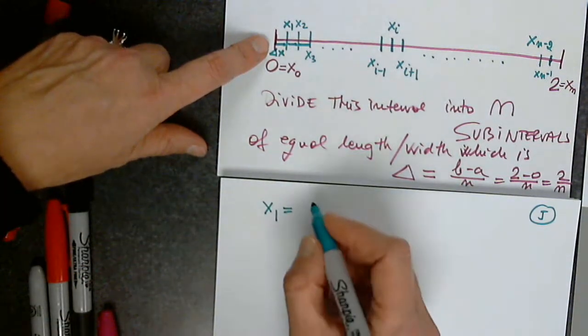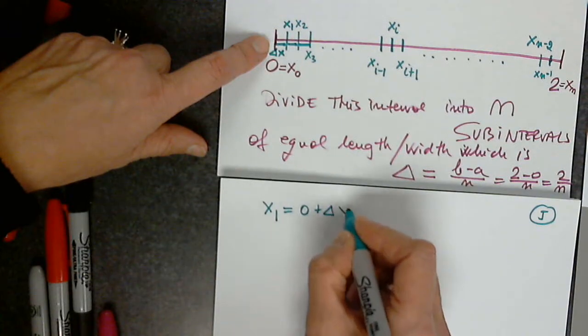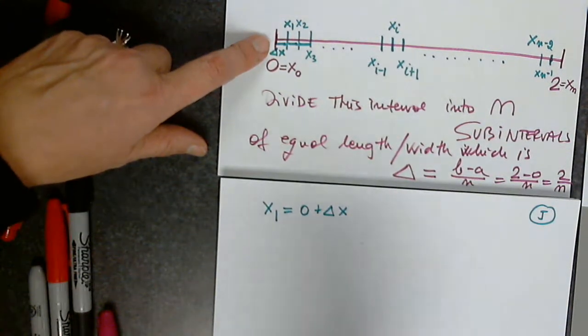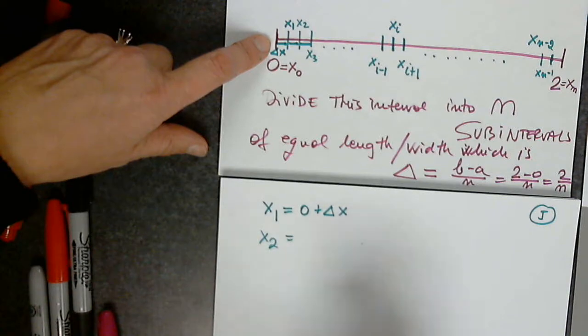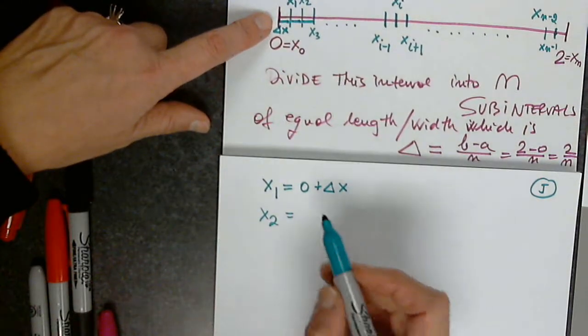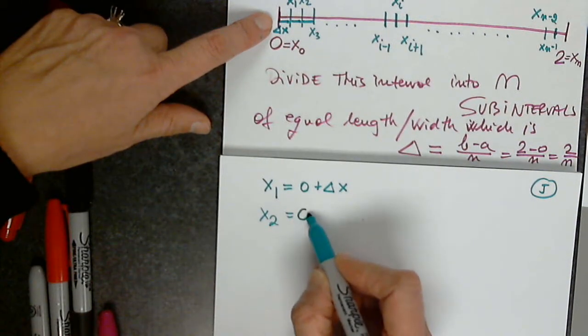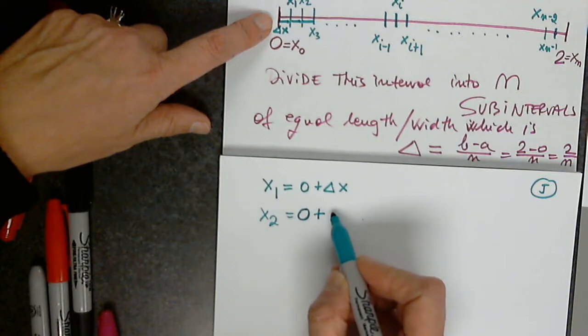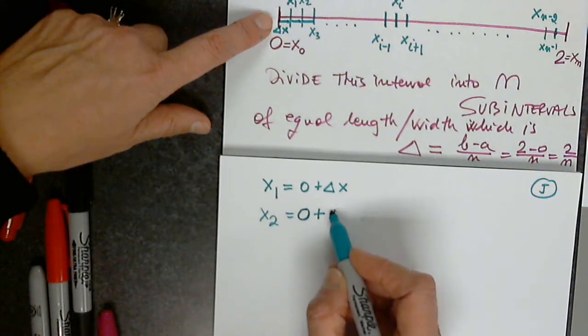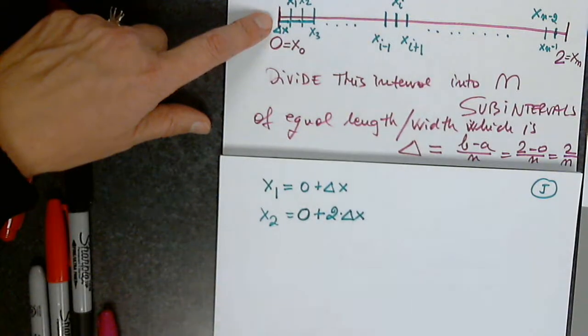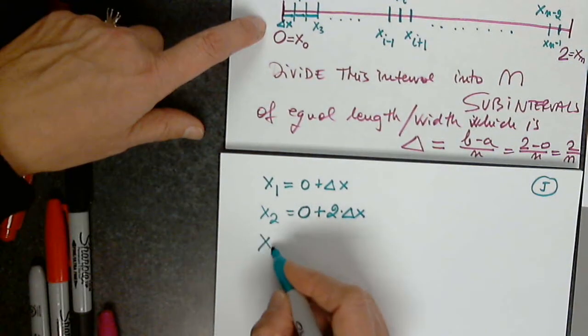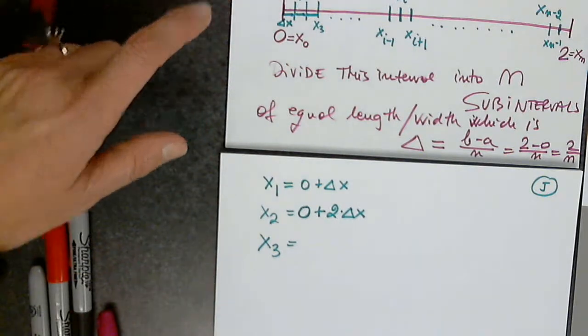Okay. 0 plus delta x. Excellent. Awesome. Please express x2 for me. Right. Excellent. Please express x3 for me. We always start from the very beginning.